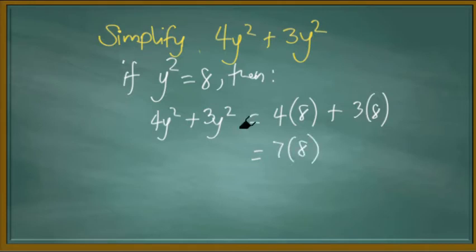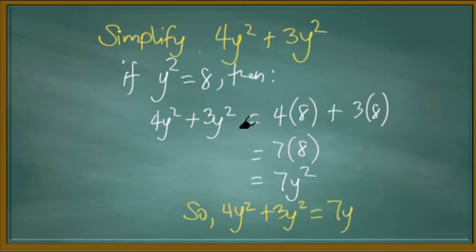And since our supposition says that 8 is the value of y squared, then we write it back as 7y squared. Again, this means that 4y squared plus 3y squared is equal to 7y squared.